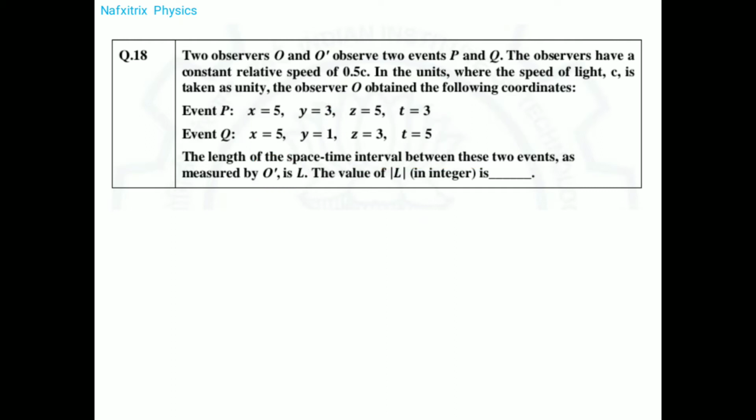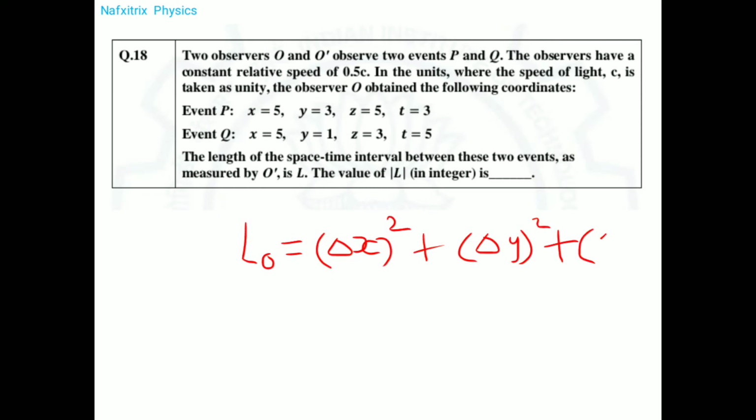So the formula for the length of the space-time interval, L O for observer O, is delta x whole square, plus delta y square, plus delta z square.